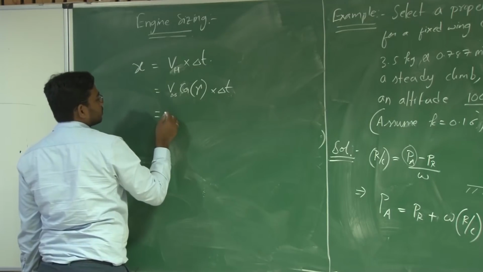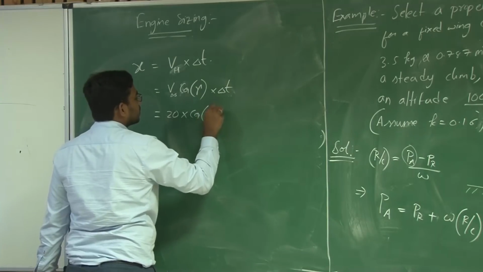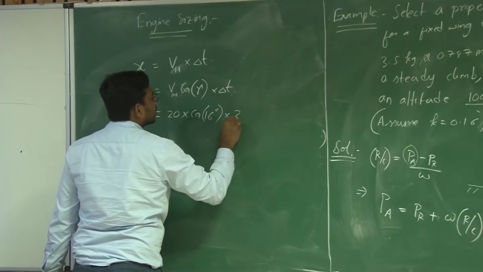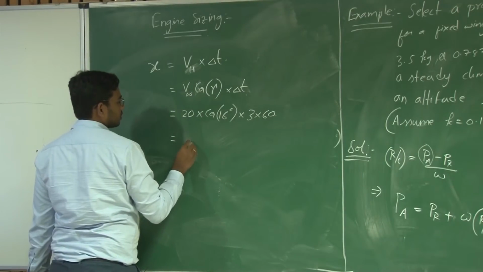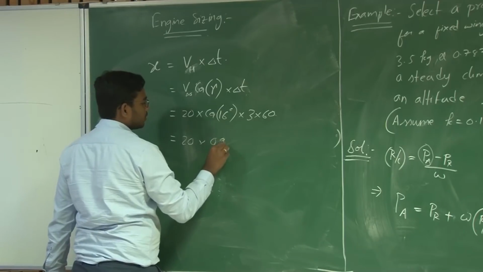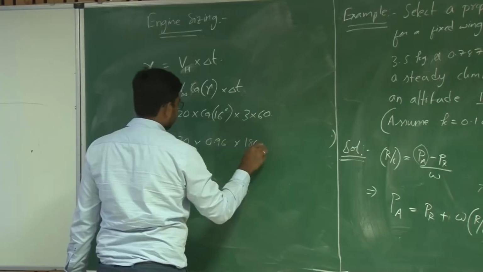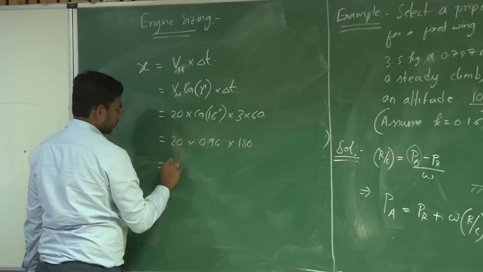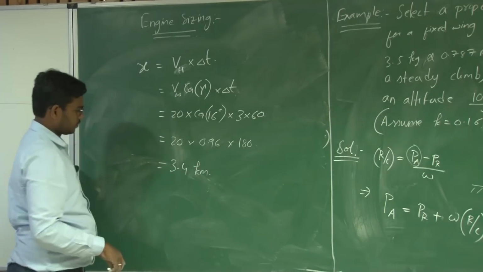This equals 20 meters per second into cos of 16 degrees into delta t, which is 3 minutes 10 seconds, that is 190 seconds, right? So, this is 20 times 0.96 approximately into 190.